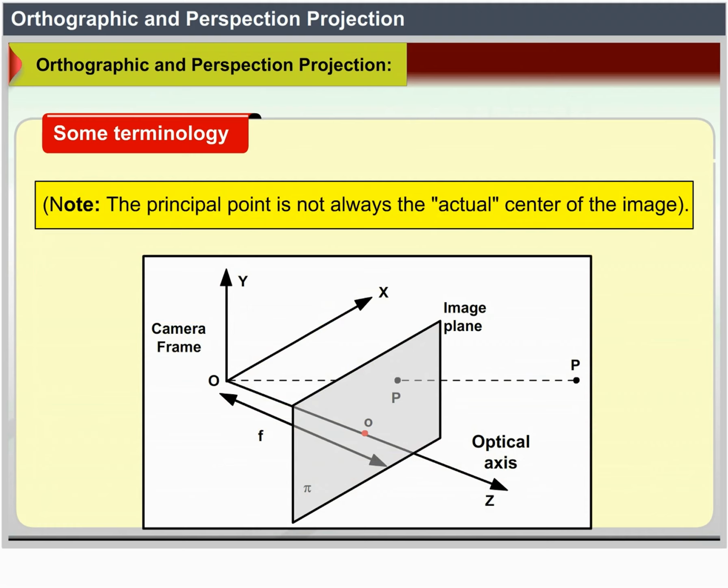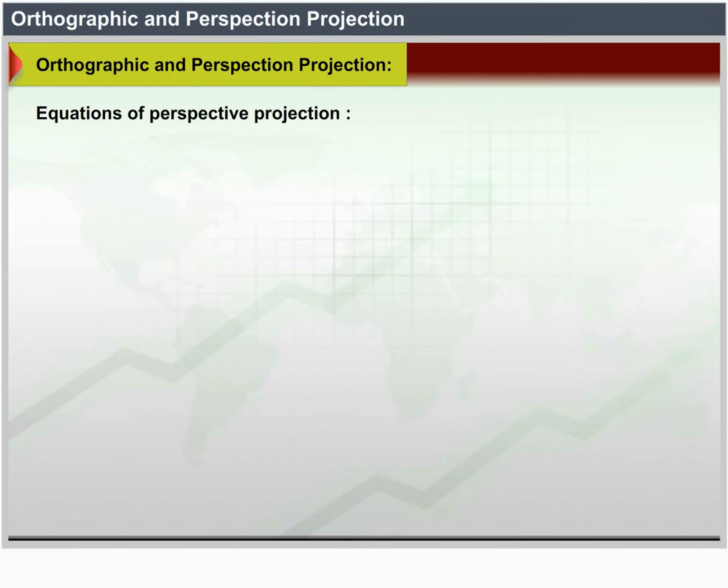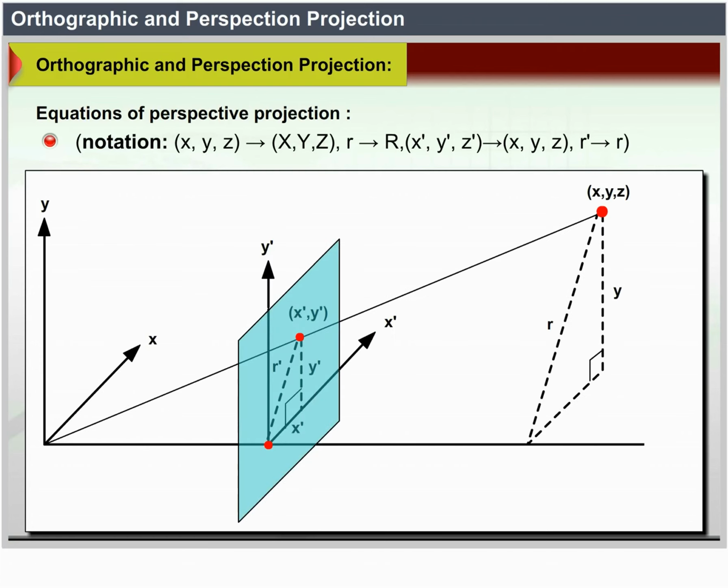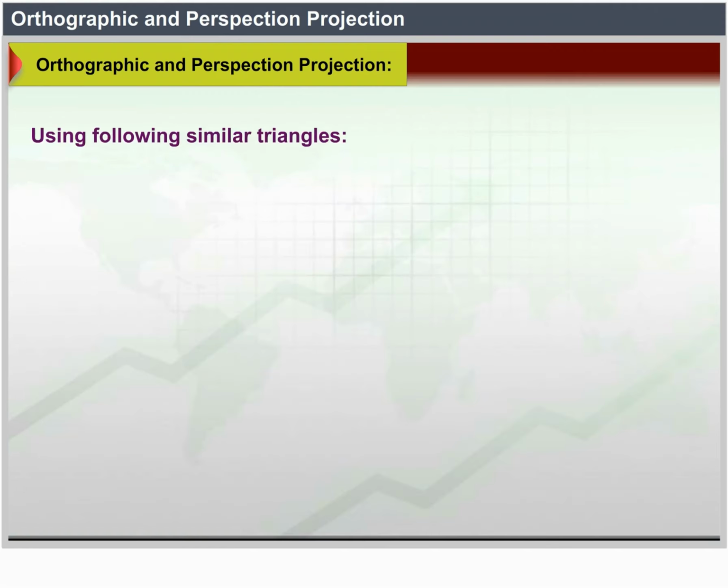Equations of perspective projection. Notation: (x, y, z) equals capital (X, Y, Z), r equals capital R, (x', y', z') equals (x, y, z), R' equals R. Using the following similar triangles: 1.